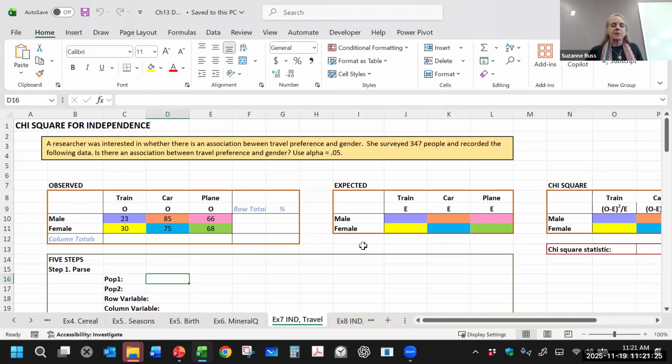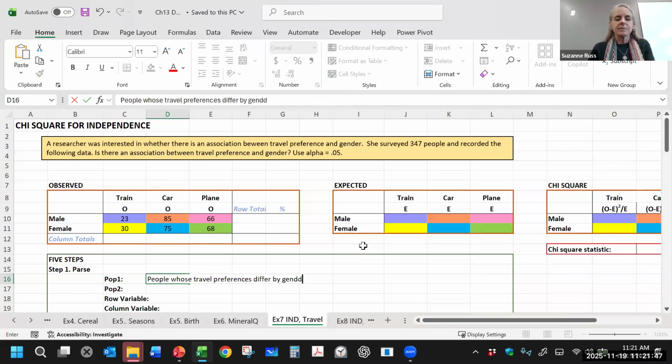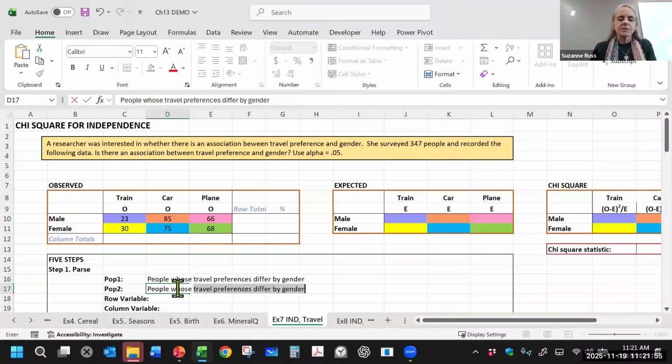So let's go ahead and write this problem out, and let's call it people whose travel preferences differ by gender, and people whose travel preferences do not differ by gender.